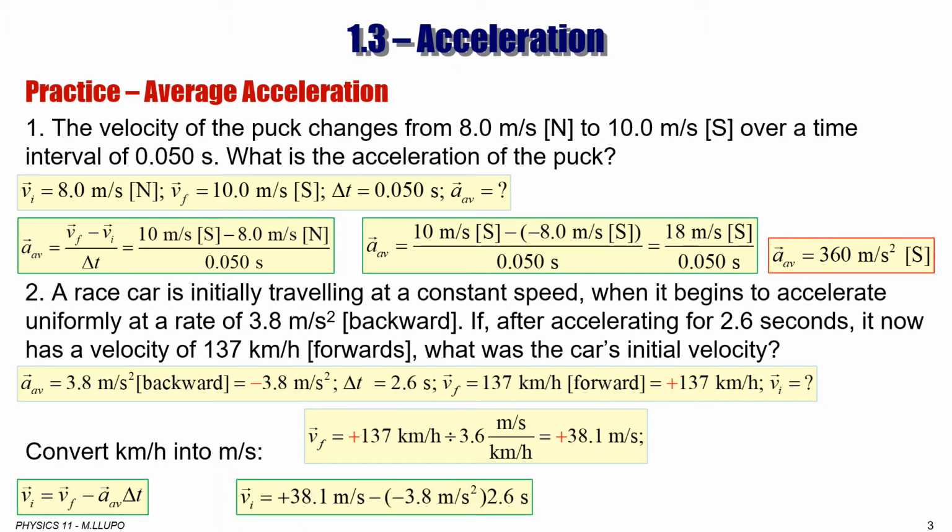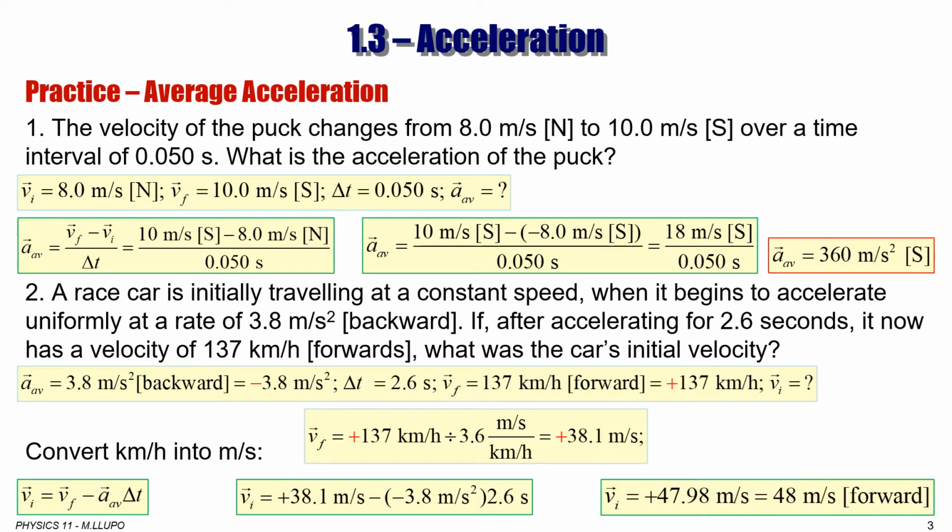Now we can plug in numbers. Initial velocity is 38.1 meters per second minus negative 3.8 meters per second squared times 2.6. That is equal to 47.98 meters per second. That's positive, so it's forward. If you want to convert it back to kilometers per hour, we multiply by 3.6. But most of the time, you might not need to.